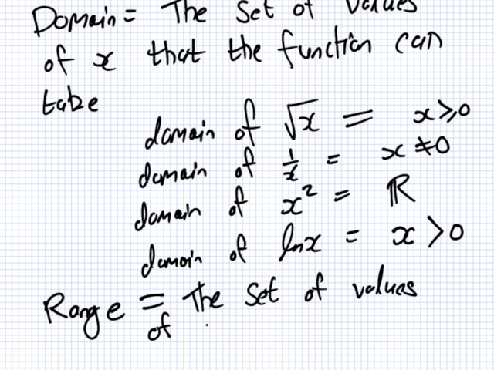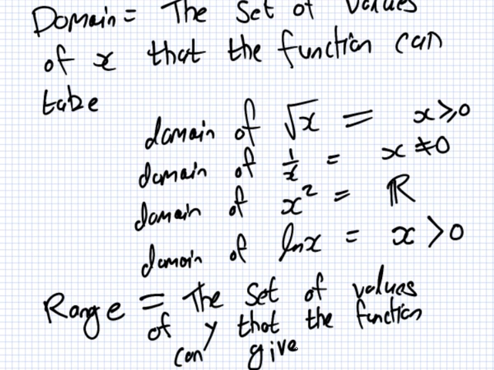Yes, the set of values of y that the function can give. So domain and range go together. Domain, the x's; range, the y's. Makes sense? Now, calculating the domain and the range can sometimes be very tricky. We'll do some simple examples and then more difficult ones.